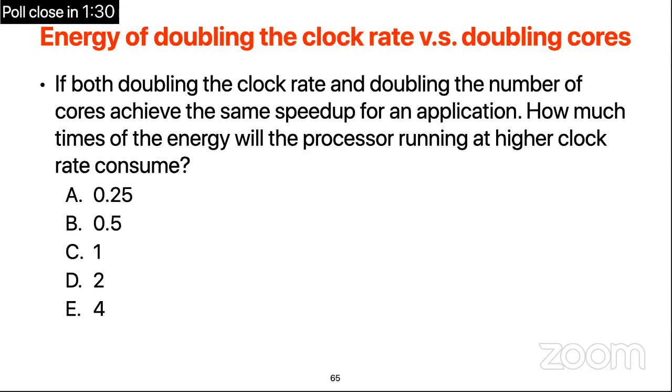Meaning doubling the clock rate versus doubling the number of cores, how much more power would the higher clock rate processor consume over the other one?